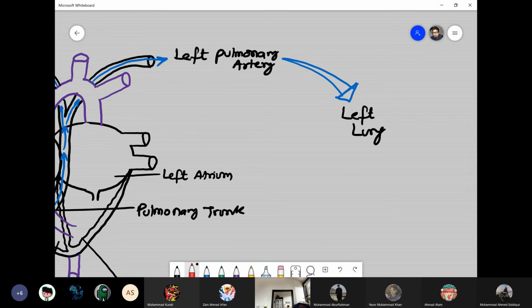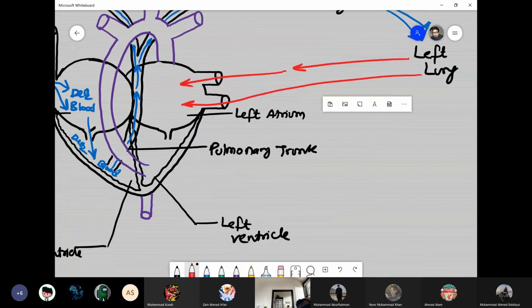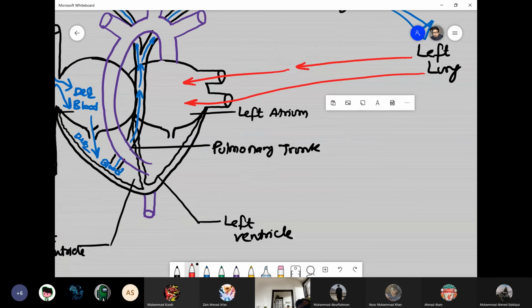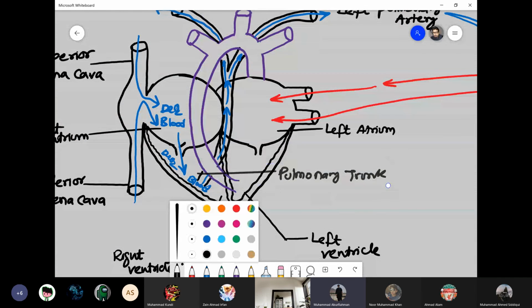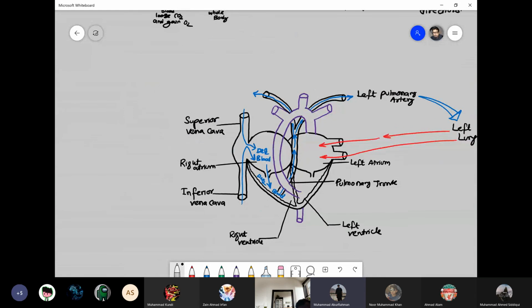So in the left lung, this blood will become oxygenated, and this oxygenated blood will come from the left lung into the left atrium, passing through these two blood vessels, which are called pulmonary veins. Sir, I want to ask, in this left lung, how will the deoxygenated blood be oxygenated?